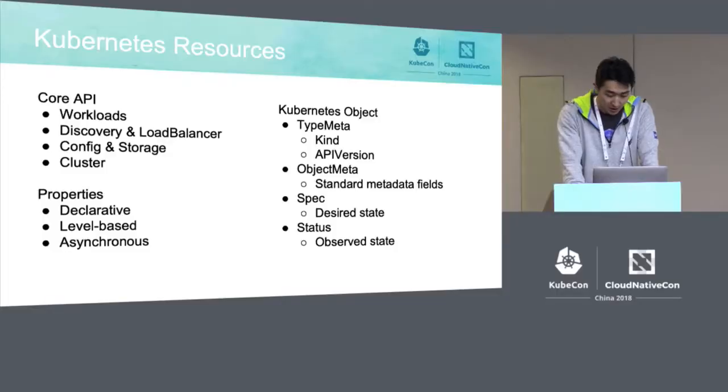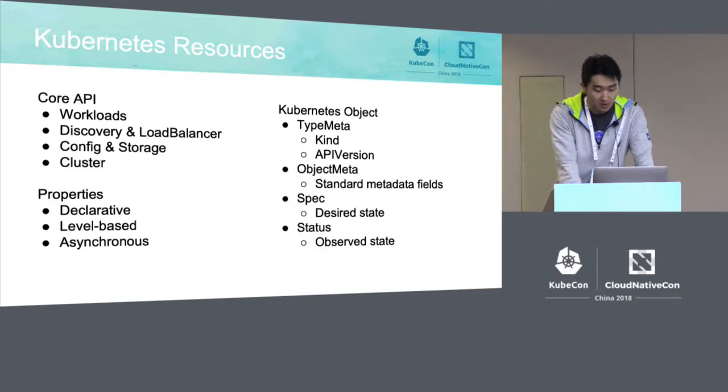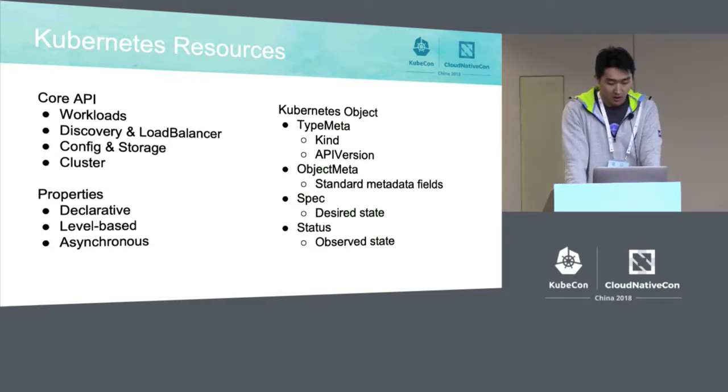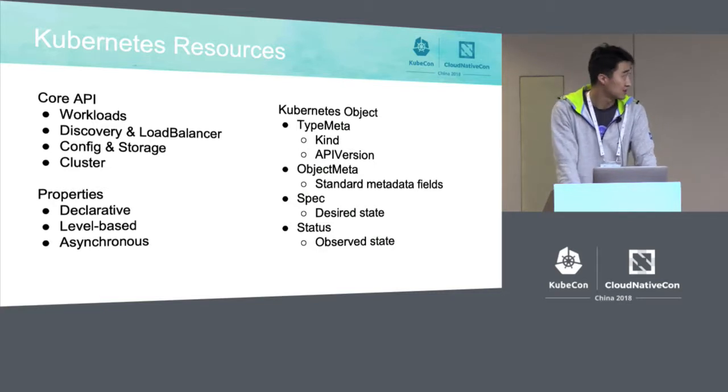On the right-hand side is a common structure of a Kubernetes object. Spec contains the desired state, and the status is the currently observed state. So the user declares the desired state in spec, and the controllers will continuously drive the status towards the spec through a level-based manner.